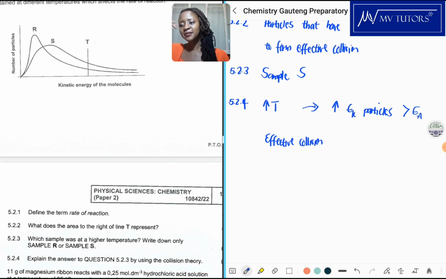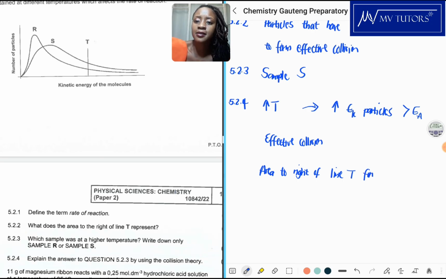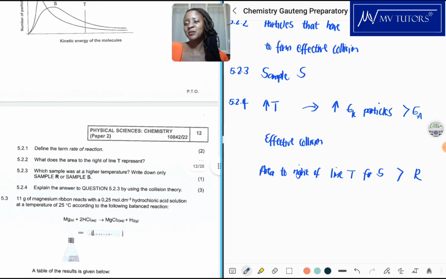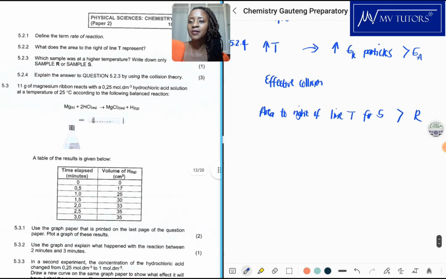And so you can then say the area to the right of T would increase. I don't know if it's necessary to put it, but the area to the right of line T for sample S is bigger than that for R. I'm seeing it's 3 marks, so you can say something along those lines.